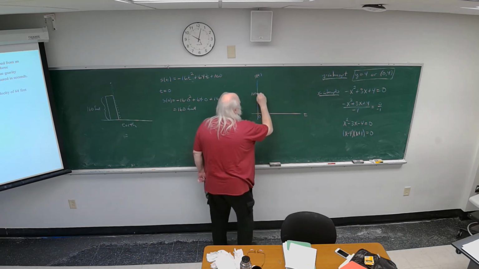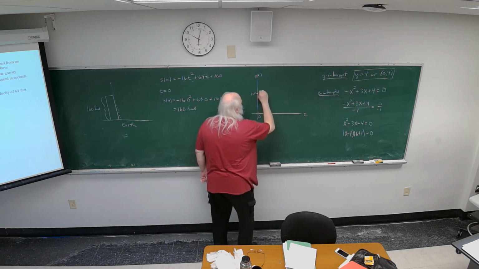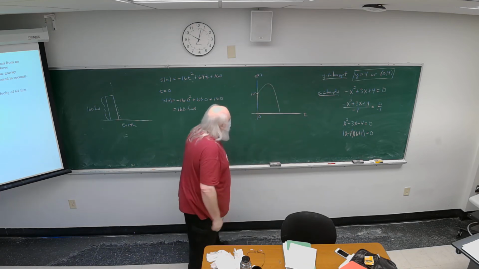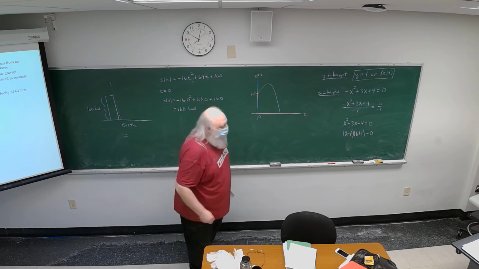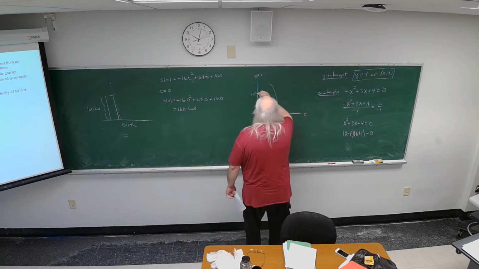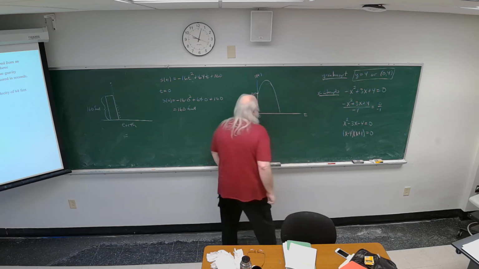This is not the flight path of the ball. This is the height of the ball as a function of time. And so the height of the ball as a function of time looks like this. Is that supposed to be half of a parabola? I didn't do it very well. There we go.